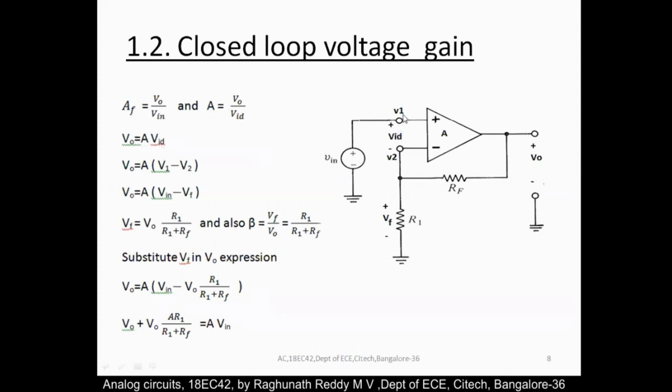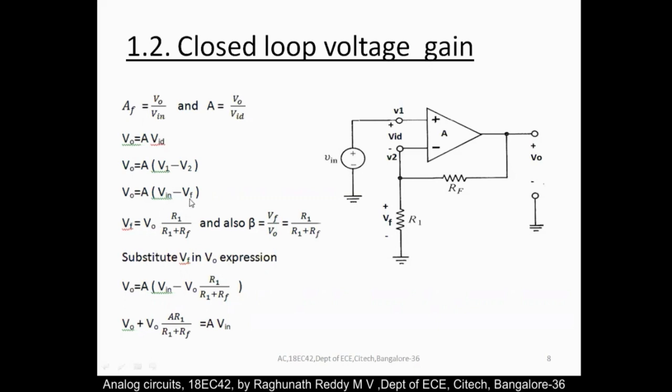VID is nothing but V1 minus V2. V1 is nothing but V in, V2 is nothing but VF. Before simplifying, VF equal to V0 into R1 divided by R1 plus RF, and also beta equal to VF by V0, that is equal to R1 by R1 plus RF.